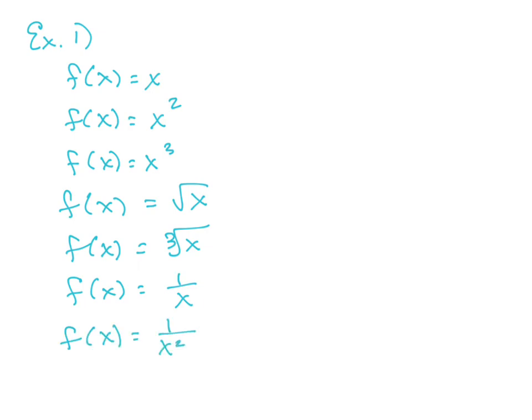I think that's pretty much all of your toolkit functions. Yeah, we could do the absolute value one. We could talk about it.